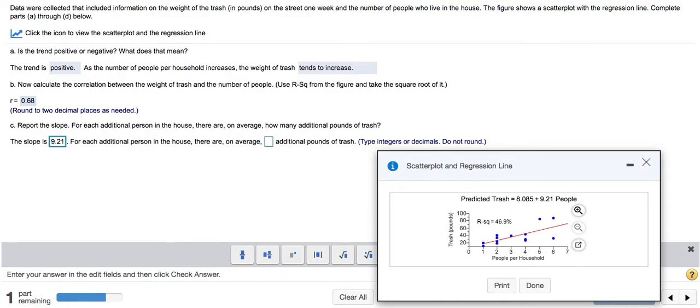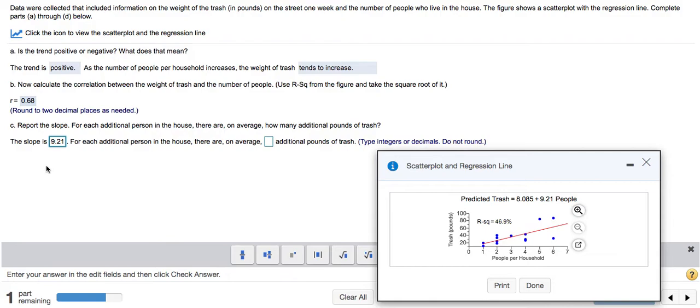So that's the slope. And it looks like the next part asks for some type of interpretation of this. For each additional person in the house, there are on average how many additional pounds of trash. This is the slope. It's not written as a fraction, but it's this number divided by 1. And if you remember, slope is rise over run.